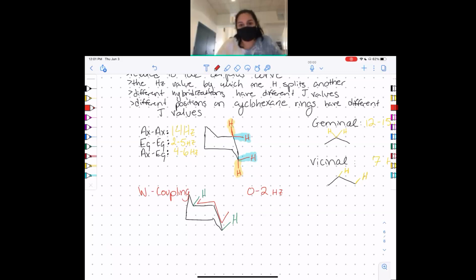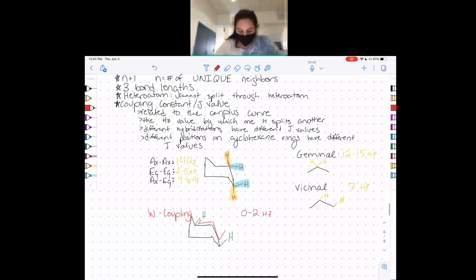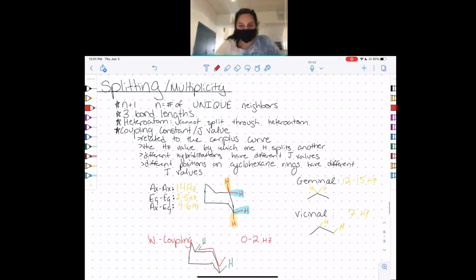So I will keep that up there for you as well. This is pretty much all you need to know as far as J values and coupling constants. Is this sort of kind of all right so far?